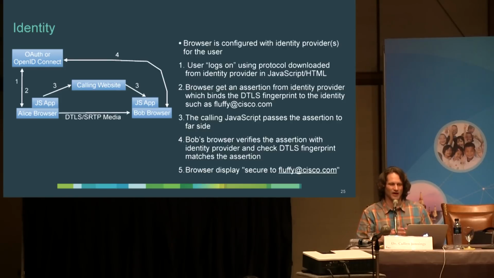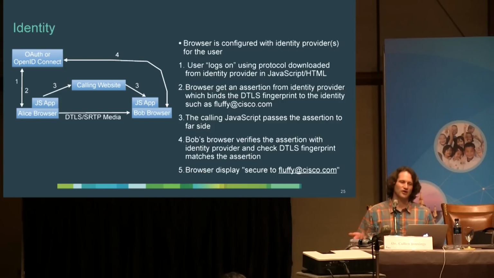Alice's identity provider signs an assertion that says, yep, Alice is currently calling Bob, and here's the fingerprint of the media for that phone call. Alice passes that assertion all the way over to Bob, and along with it comes the URL, or the way to contact Alice's identity provider.